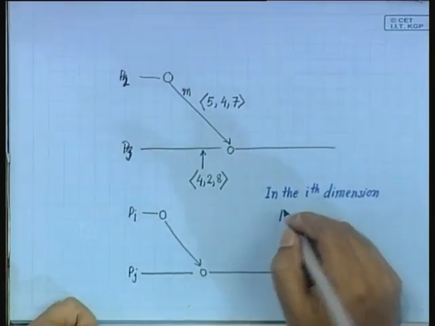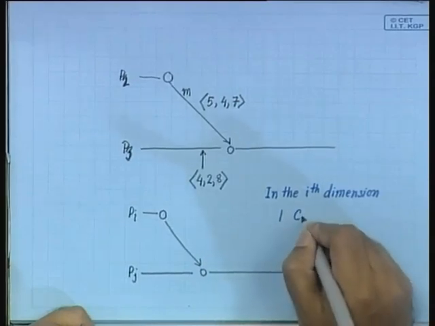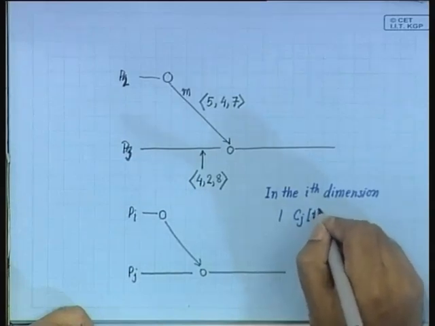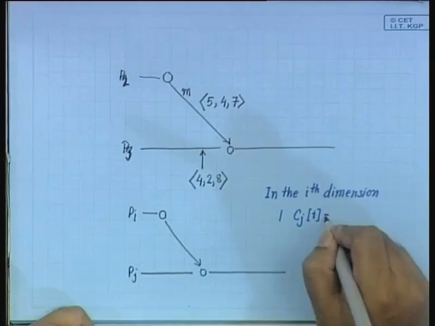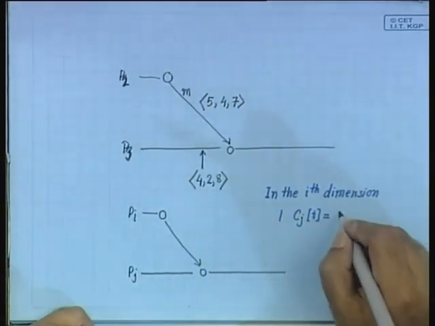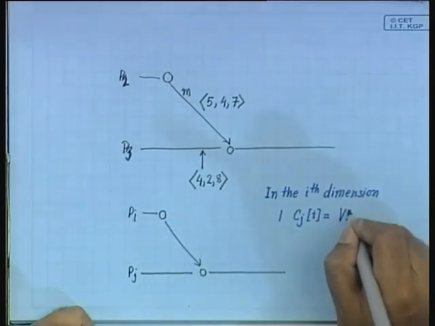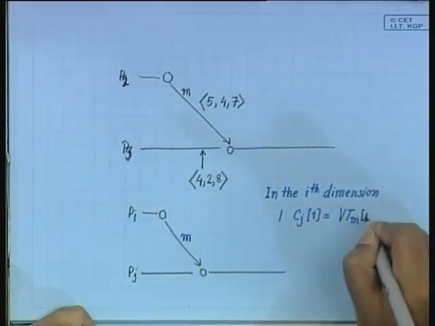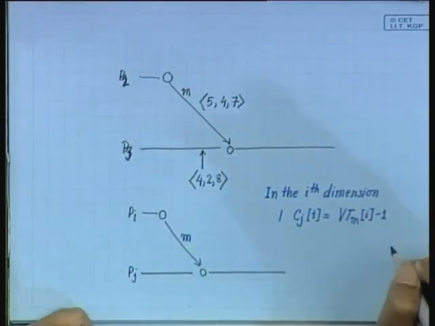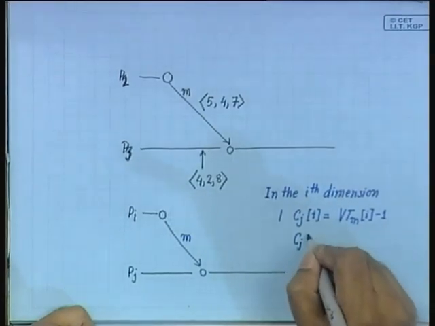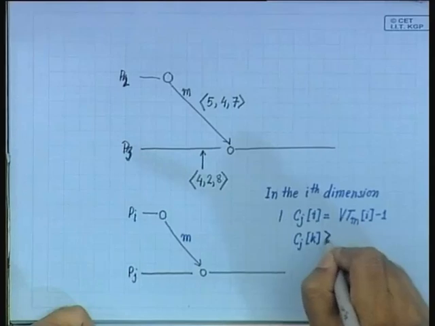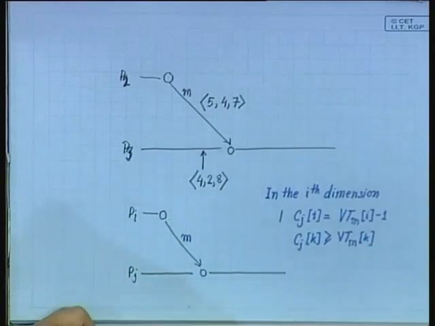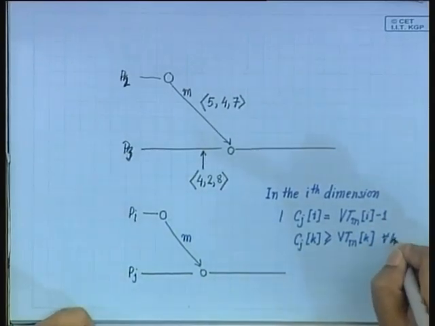Whether Cj[i] should be, we will not deliver until Cj[i] is, yes, the vector timestamp of message M in the ith dimension minus 1, right, and for all others it should be less than or equal, okay, for all k not equal to i.